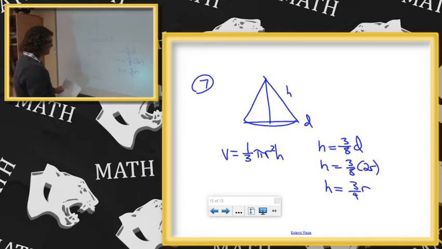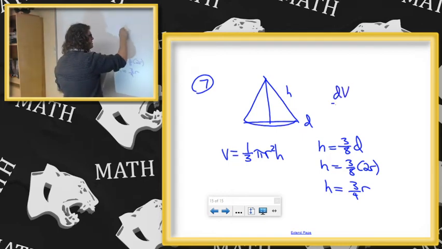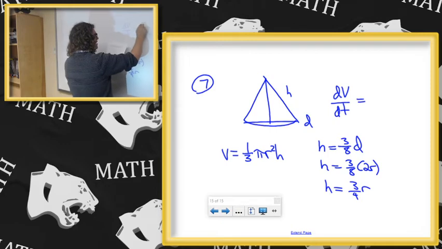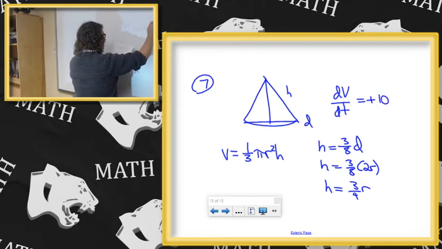All right, so we have the rate of change of volume, that's the 10 meters cubed per minute. They gave us that in the question. So dV by dt: the sand is falling onto the top of the cone pile, and it will grow the cone pile, so it's increasing its volume at a positive rate of 10 cubic meters per minute.